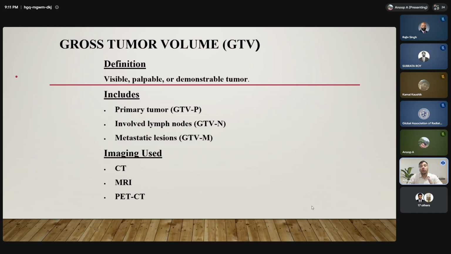The GTV does not include the surrounding healthy looking tissue that might harbor invisible microscopic cancer cells. It does not account for the tumor moving when the patient breathes or digests, and also does not include a safety margin for millimeter level shifts in how the patient lies on the table.